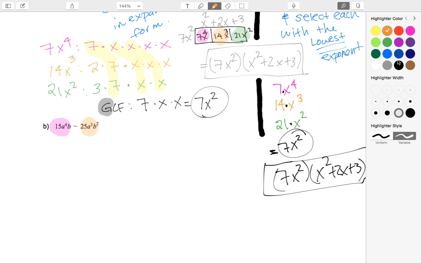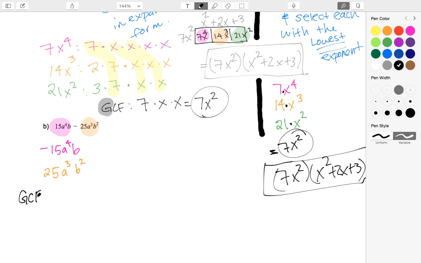So then, in this case, I would go ahead and write down 15a to the fourth power times b, and then I have 25a cubed b squared. All right, so without even expanding, I'm going to find my GCF.